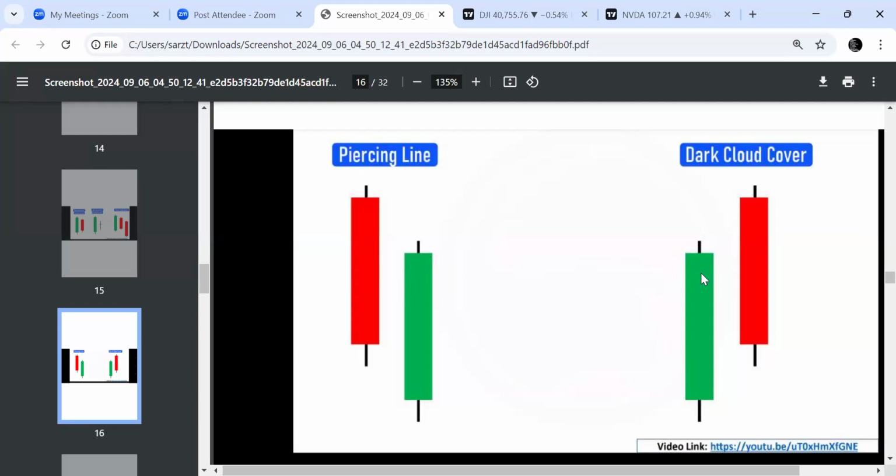And again, in the dark cloud cover, in an uptrend, it's typical to see a bullish candle. A green candle is very common, and it indicates the continuation of buying pressure.